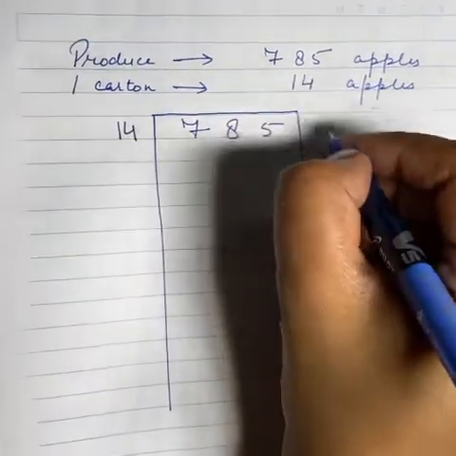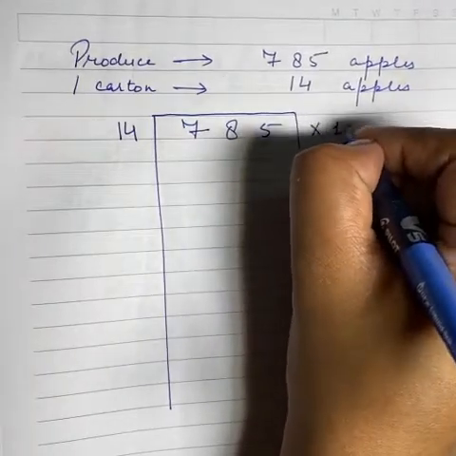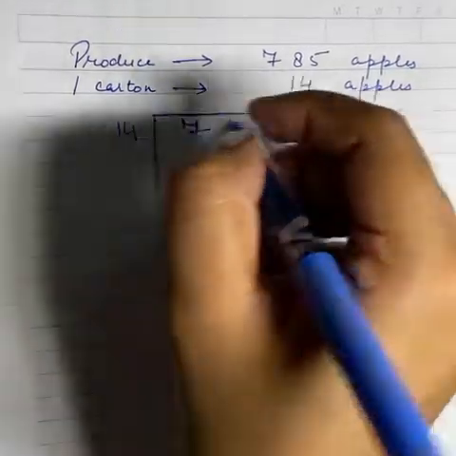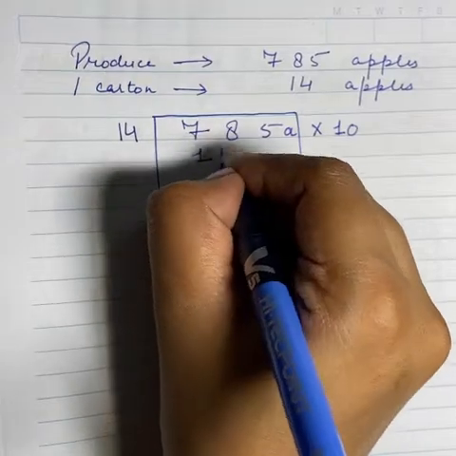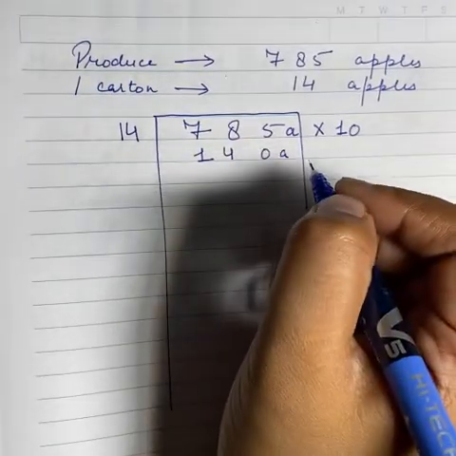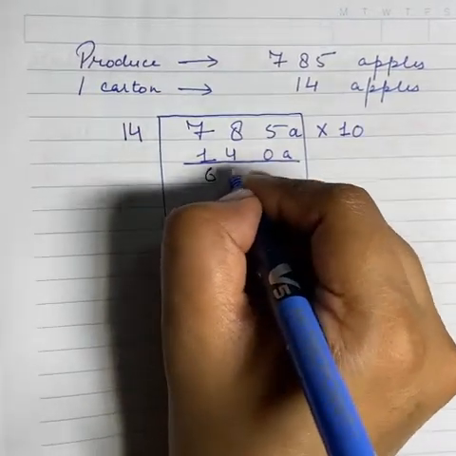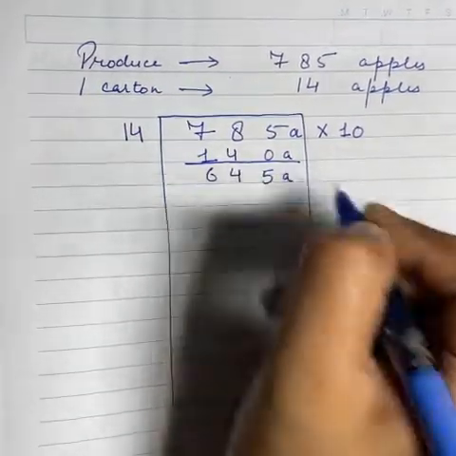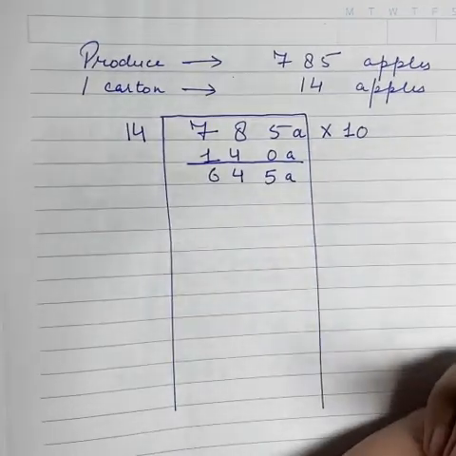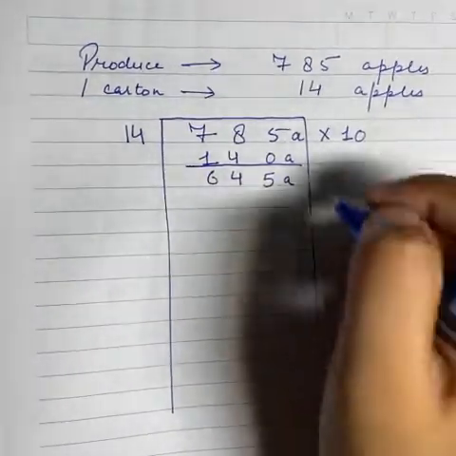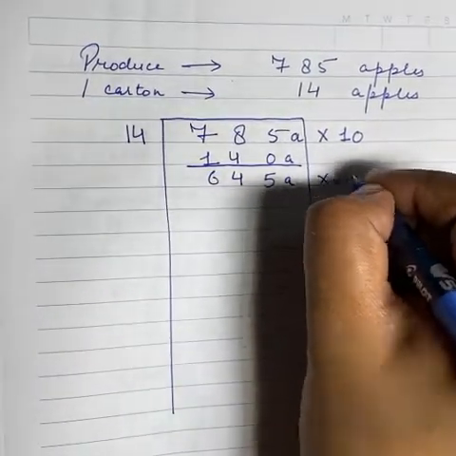I'll again first try that if I use 10 cartons, I'll be able to pack 140 apples. I'll be left with 645 apples. I know there are many apples, so I'll not go for 10 this time. Let me try 20 cartons.